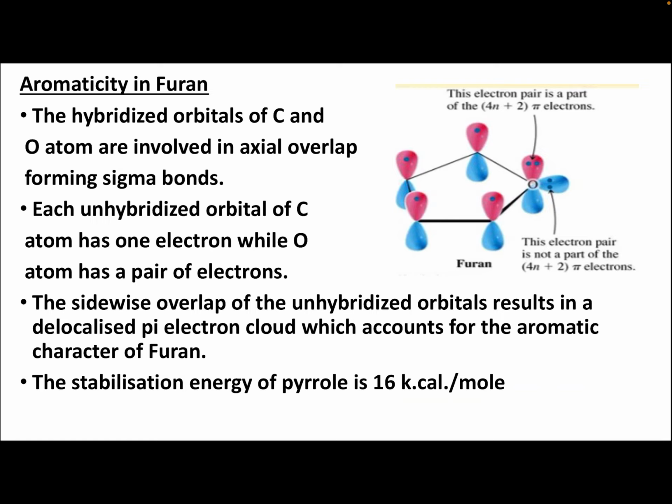Each unhybridized orbital of a carbon atom has 1 electron. So all the carbon atoms have pz orbitals with a single electron, and oxygen has a pair of electrons.